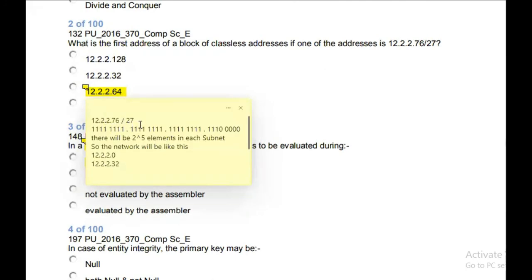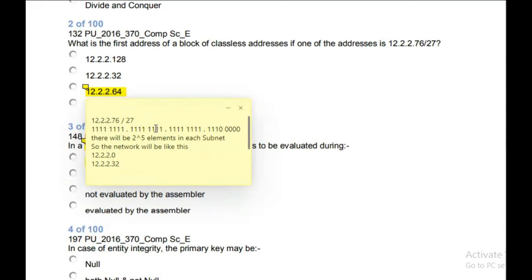Here the question says /27 is the range. So the first three octets are completely used for the network, because if we are using only the first octet, then this would be /8.